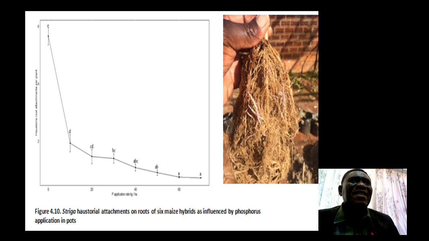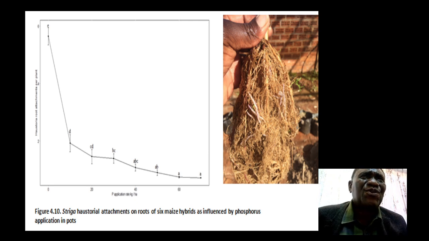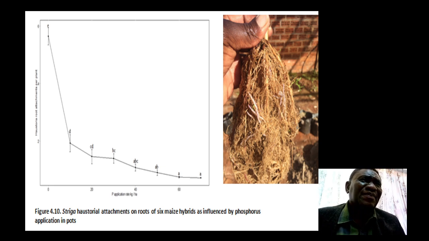Here we had an MSc student who tried to use phosphorus to reduce striga attachment. On this graph, you can see if you increase phosphorus, you reduced attachment.